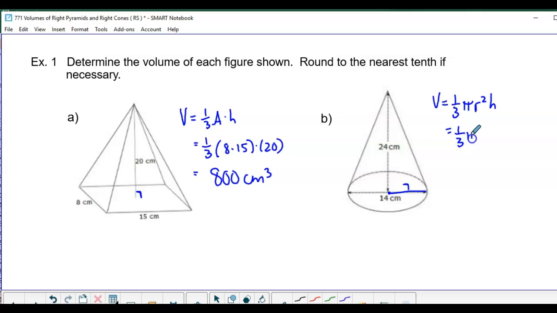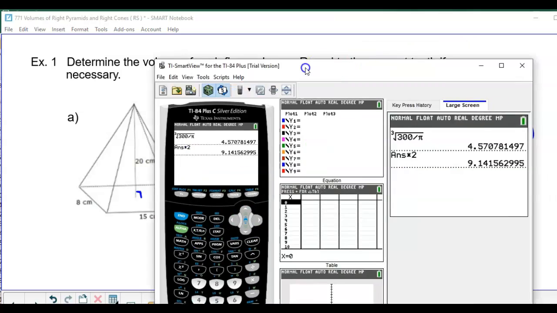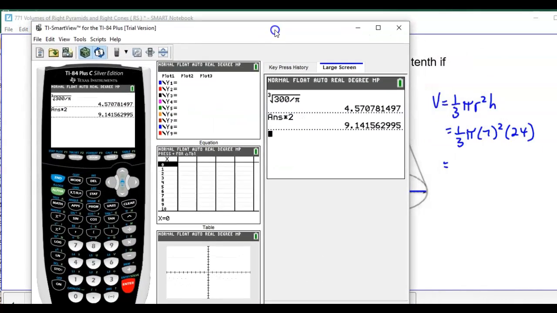So 1/3 pi times 7 squared times 24. So 1 divided by 3 times pi times 7 squared times 24.